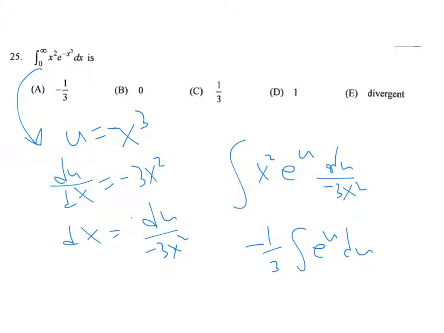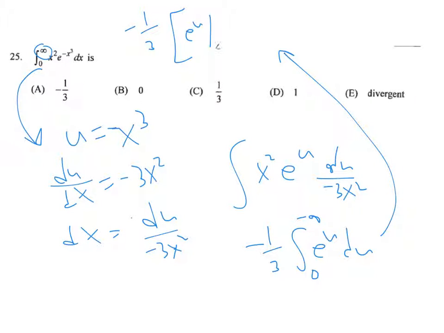And then it's going to be evaluated from where to where. Well, if x equals 0, u will be 0. And if x is infinity, then u will be negative infinity. So if I anti-differentiate this, I'll get negative 1/3 times e to the u, evaluated from 0 to negative infinity.